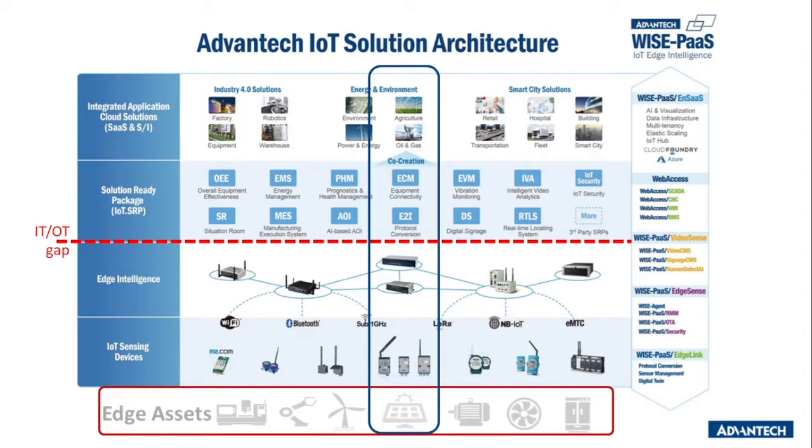And the data are collected and stored on IPCs running different kinds of software solutions such as Advantech's WebAccess, VideoSense, EdgeLink, etc. This is typically what's happening on the edge side, or you may think of this as the shop floor side of an IoT solution implementation.